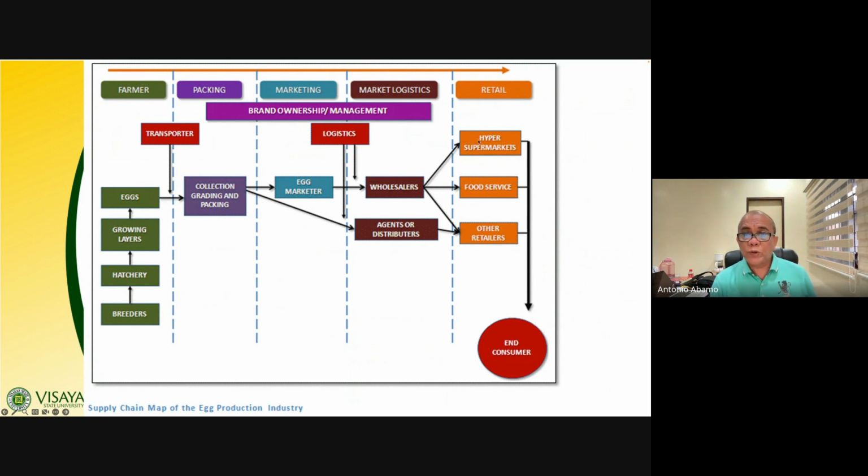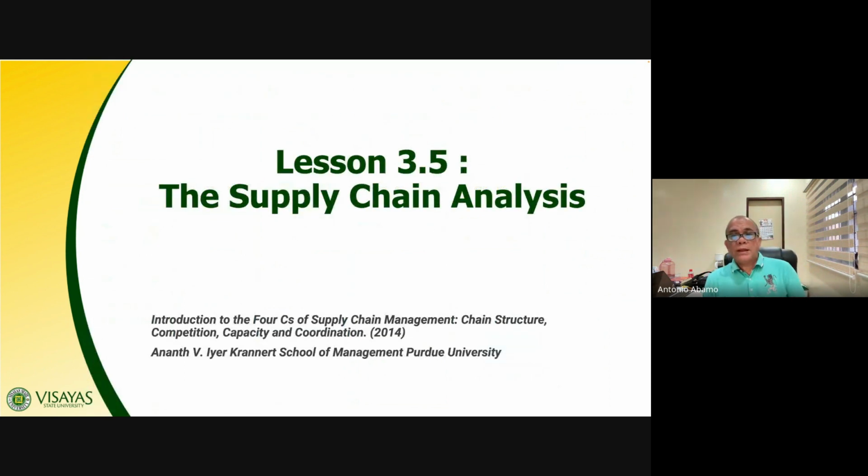It will either go to the hypermarket, food service, or retailers, and these are the end customers. So it's pretty straightforward from farmers down to the retail markets. This is the supply chain of the egg production industry. Now that is 3.4, just a conceptual definition of what supply chain is all about.